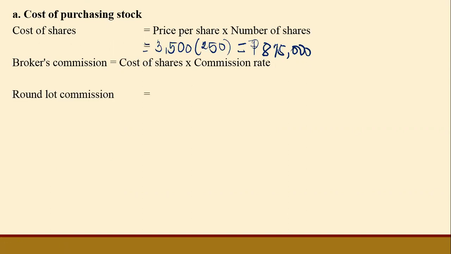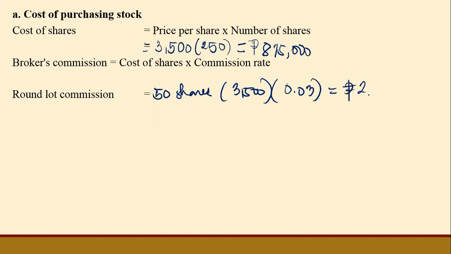For the round lot commission, that is equal to 200 shares times 3,500 times 0.03. So this is equal to 21,000 pesos.